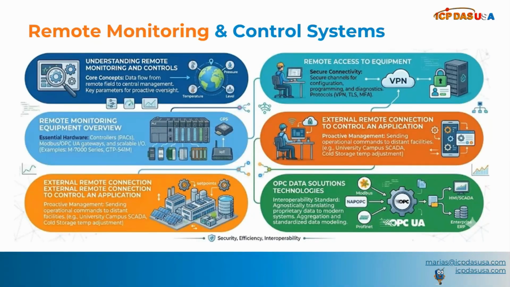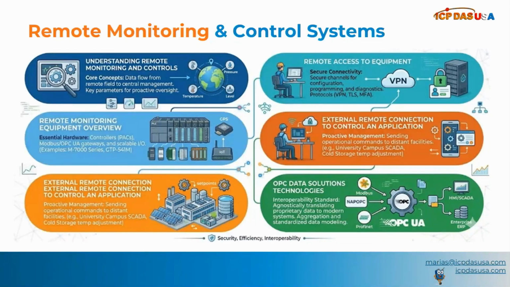This summary slide integrates every concept we've explored, illustrating the complete journey from data in the remote field to centralized management. It begins with the foundation, using essentials like hardware, PAC controllers, I/O modules, and the GTP 541M gateway to capture raw intelligence such as temperature, pressure, and GPS location.